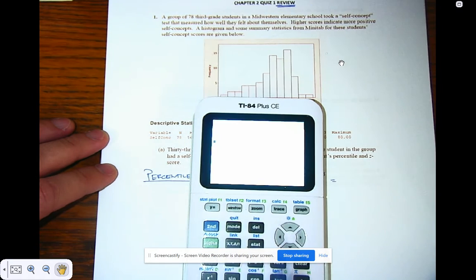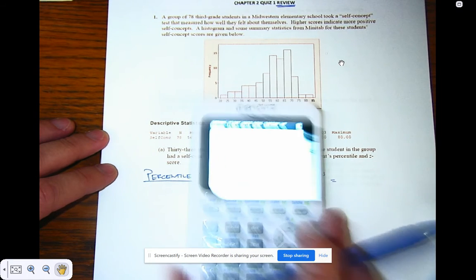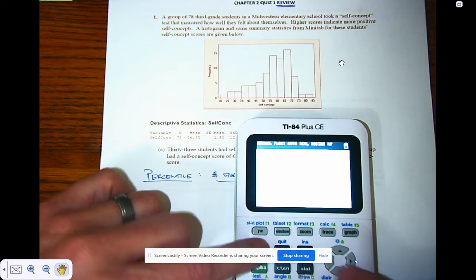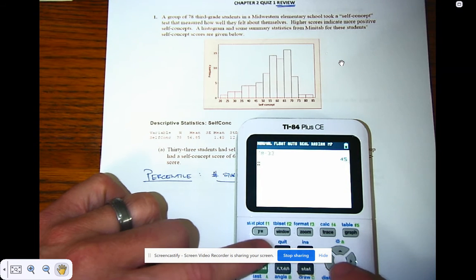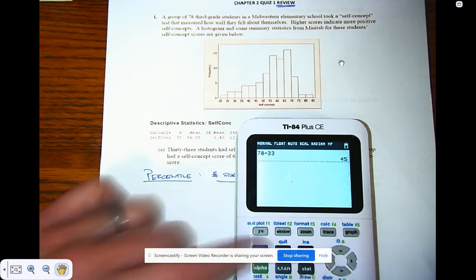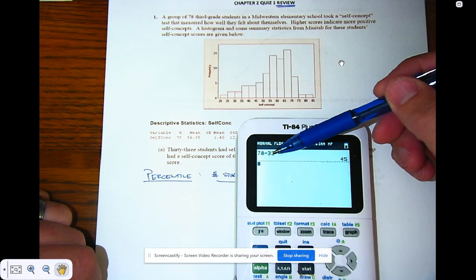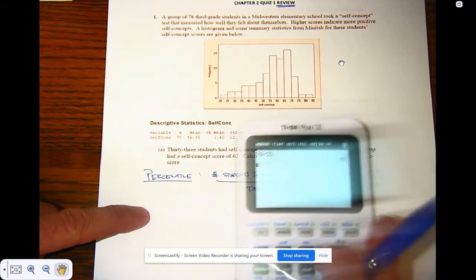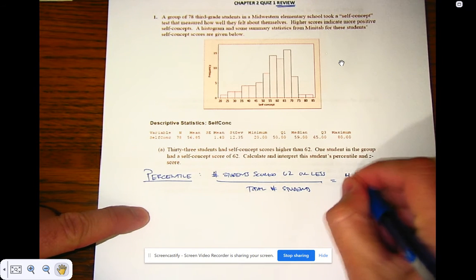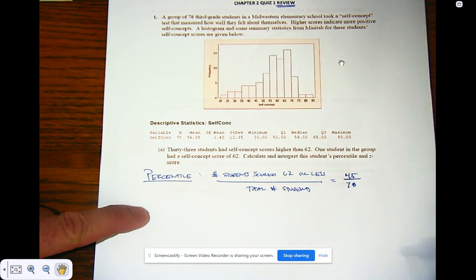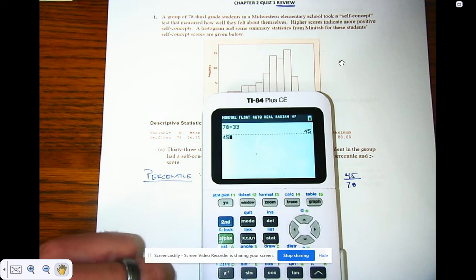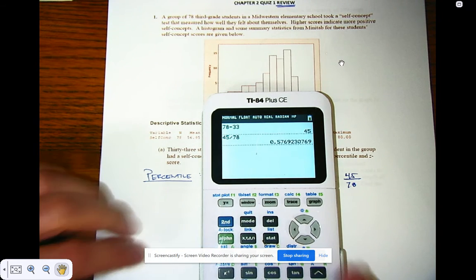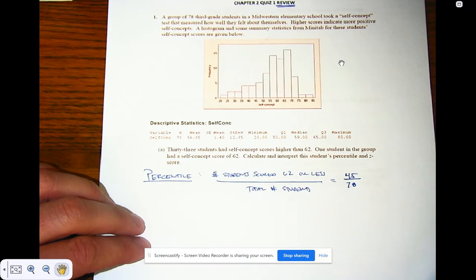Okay, well, if you take 78 students, and if I subtract 33, those 33 had higher scores. There's 45 students that were at a 62 or lower. So your percentile is going to be 45 divided by 78. 45 divided by 78, you get 0.58 approximately.